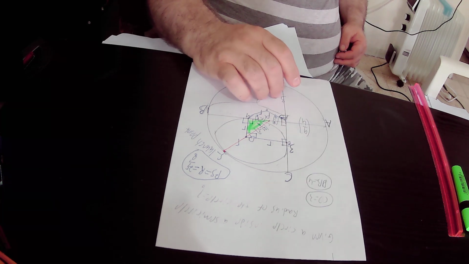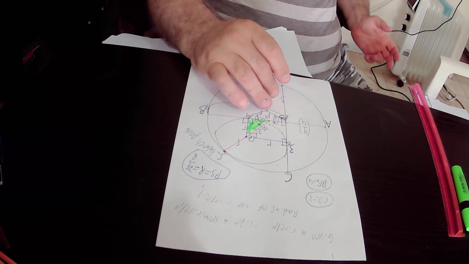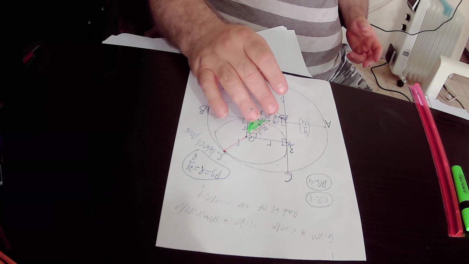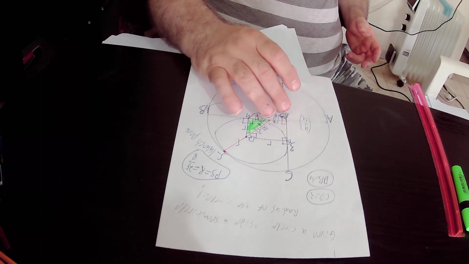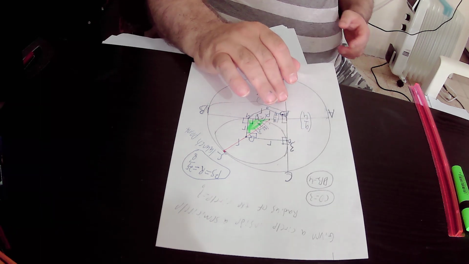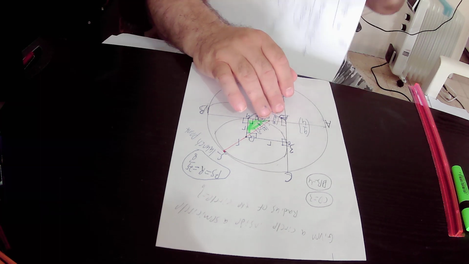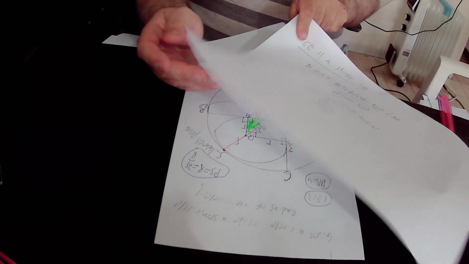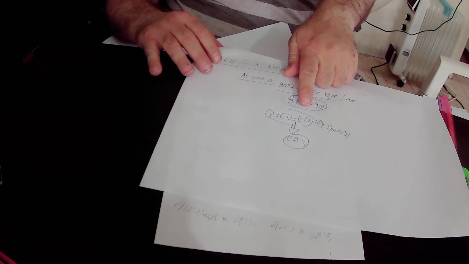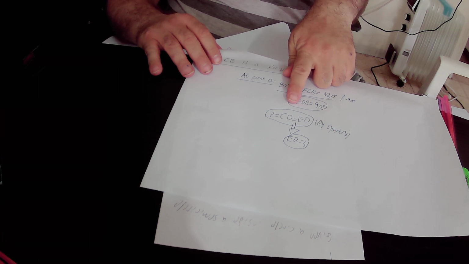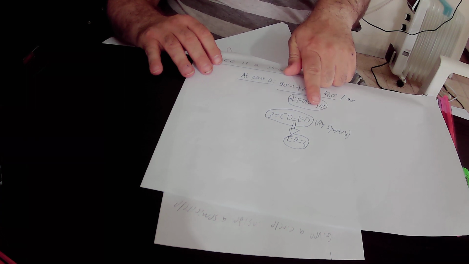And because line segment DE is the mirror image of CD, the length of the mirror image is always equal to the length of the image itself. So here, the length of the mirror image, DE or ED, must be equal to the length of the image itself, which is CD. So CD equals DE by symmetry.